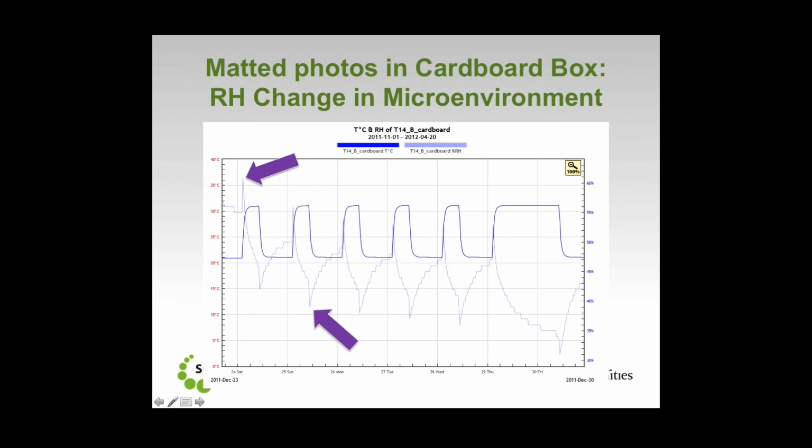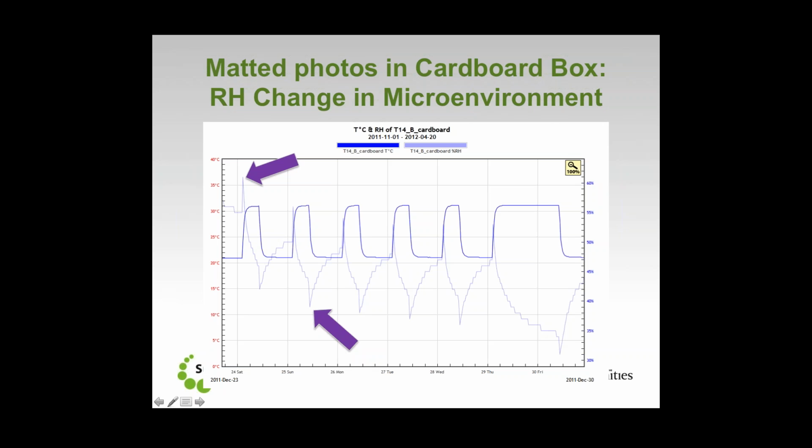But instead, when we look at the microenvironment, the impact of the box, we started to see a couple of things. First, that immediate temperature increase caused this first initial spike of relative humidity inside of that microenvironment in the box. And as time went on, we see that it does start to change with the RH relatively quickly.